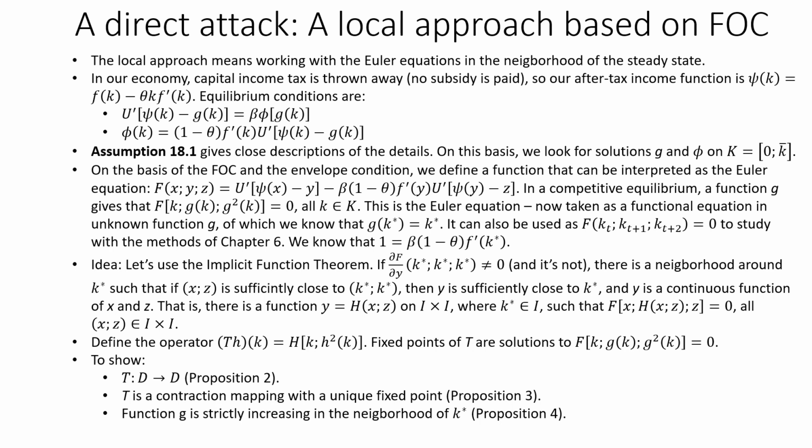So these two variables can be described as k and h squared. So we can use this function as the operator. This is the idea. And hopefully the fixed points of T can be interpreted as solutions to function f as the Euler equation. So we can find the optimum policy function.